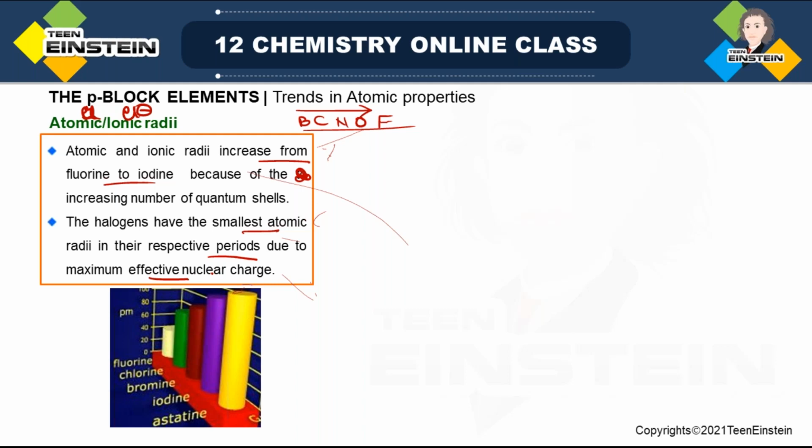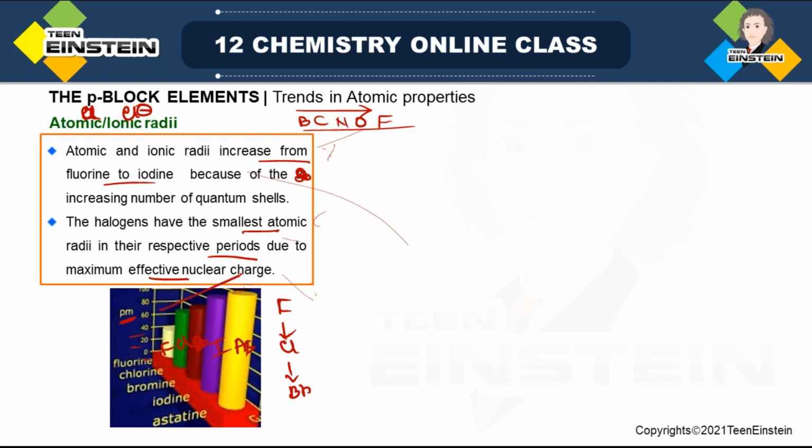That is the effective nuclear charge. But if we are moving down the group, from fluorine to chlorine to bromine, there will be an increase in quantum shell, and that is why you can see here we have size in picometer on the y-axis, 0 picometer, 20 picometer, 40, and this is F, Cl, Br, I, At.